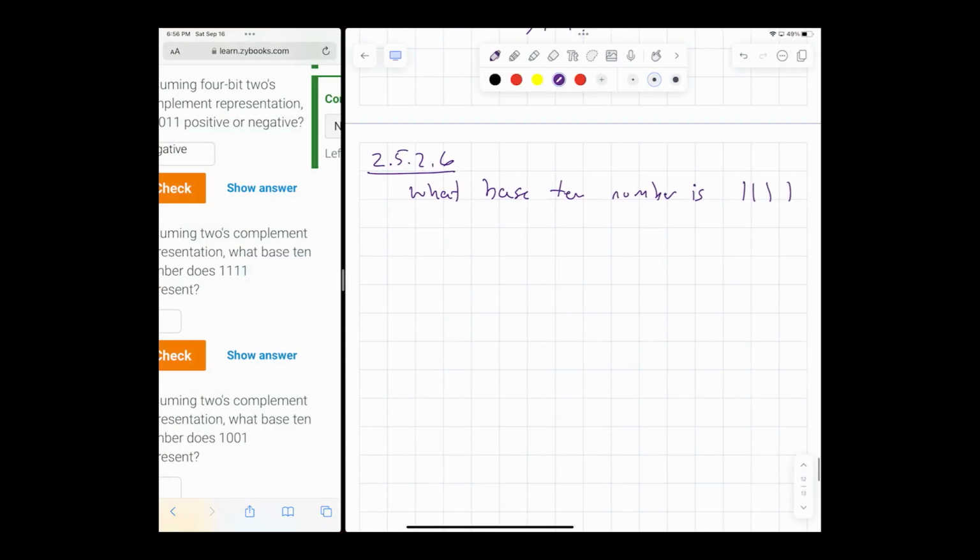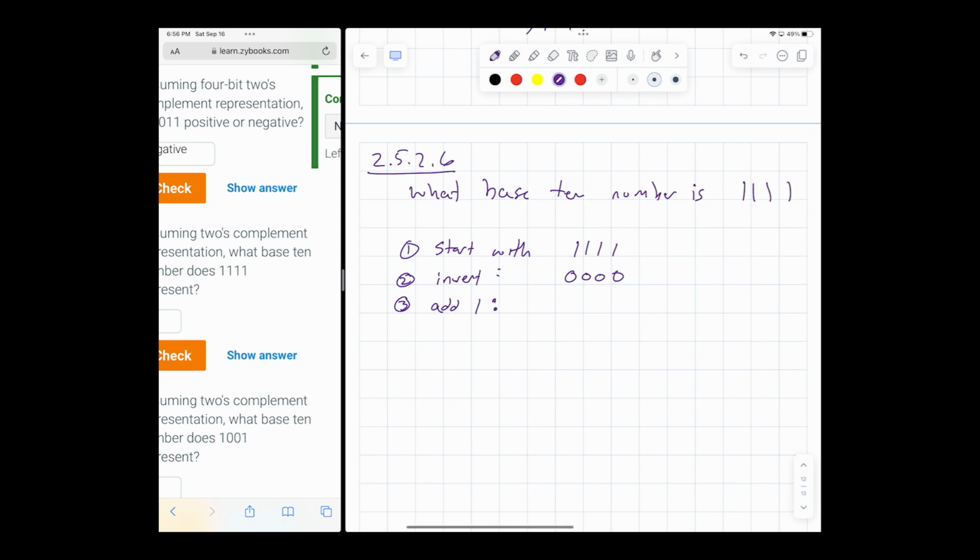So what you'd have to do is start with this number, which we don't know what it is, so I'm not going to say what it is, but you start with 1111, invert the bits, so you get 0000, add 1.